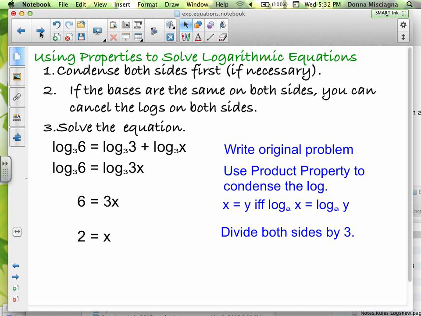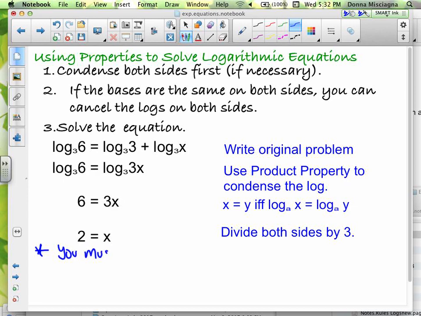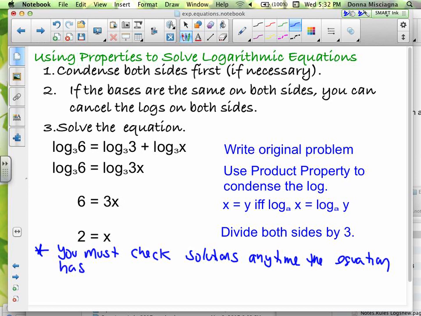Anytime you have more than one log, let's put it this way, put this in your notes: you must check your solutions anytime the equation has more than one log in it.